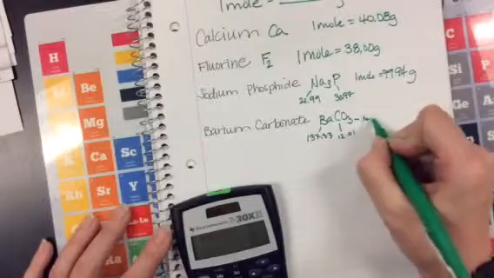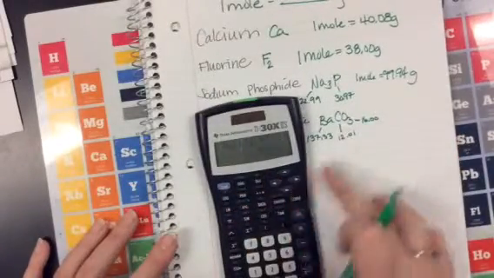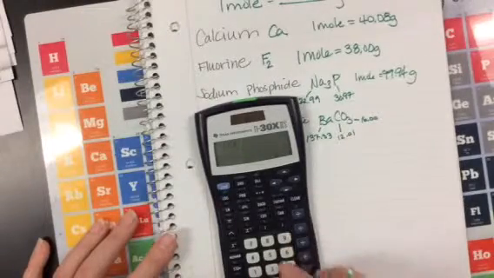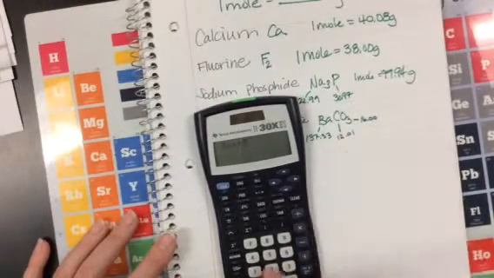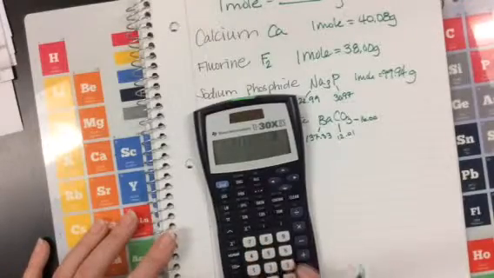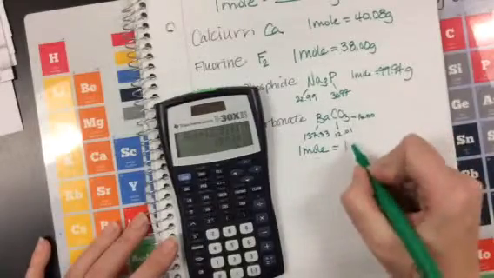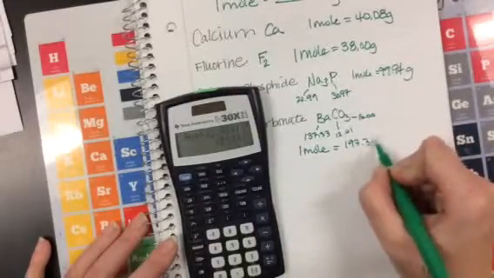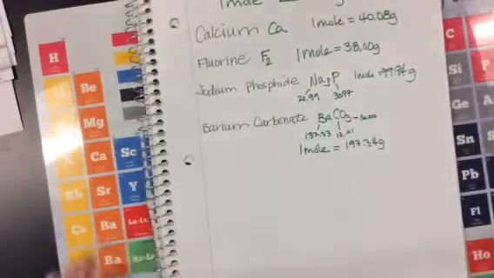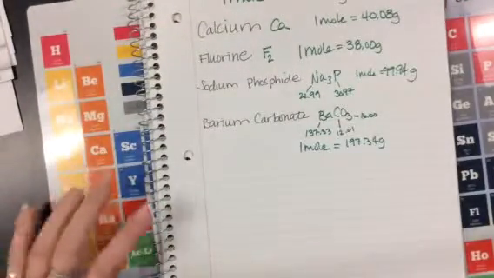And each oxygen has a mass of 16. So when we solve for this, we have 3 oxygens, so 16 times 3, plus 12.01, plus 137.33. 1 mole of barium carbonate has a mass of 197.34 grams.